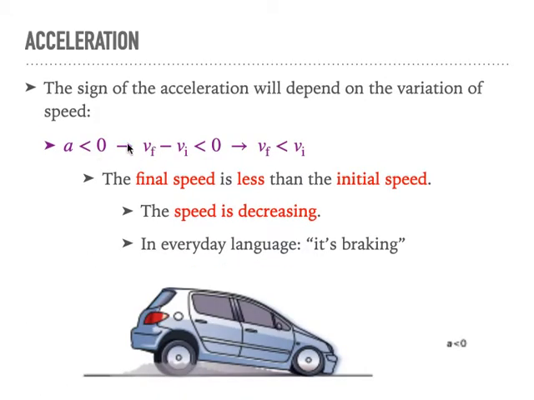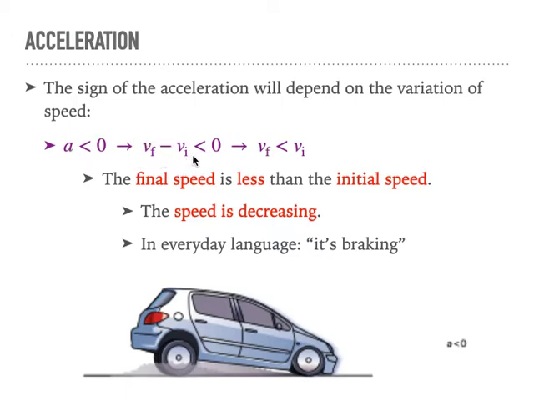Another case, if it's lower than 0, what does it mean? It means that the subtraction that we talked about is lower than 0, so that the final velocity is less than the initial velocity. So the final speed is less than the initial speed. That's why when we do this calculation, this is bigger, so in the end the total calculation is going to be negative.